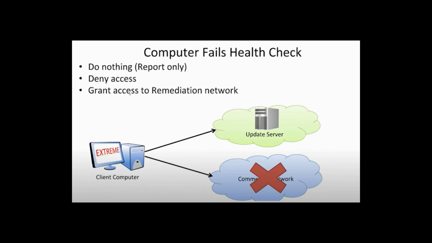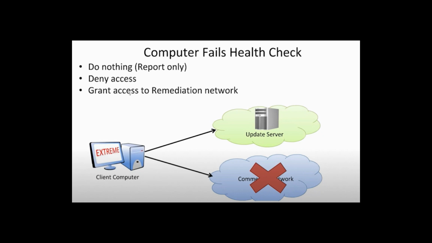That means if a client failed the health check, for example, because it does not have updated antivirus, in some networks where NAP is not really controlling the access to the internal network, they do nothing and only keep a log file of the clients that failed the health check.